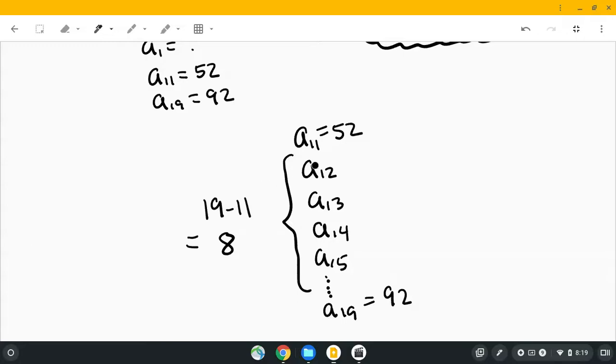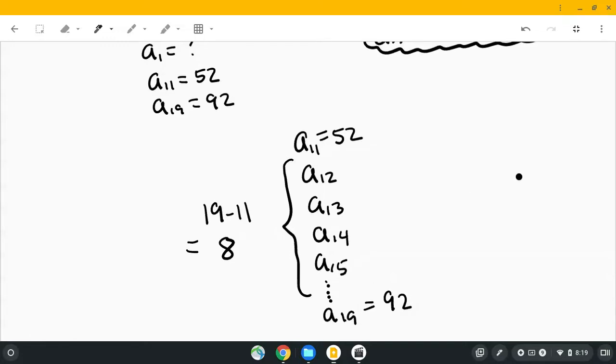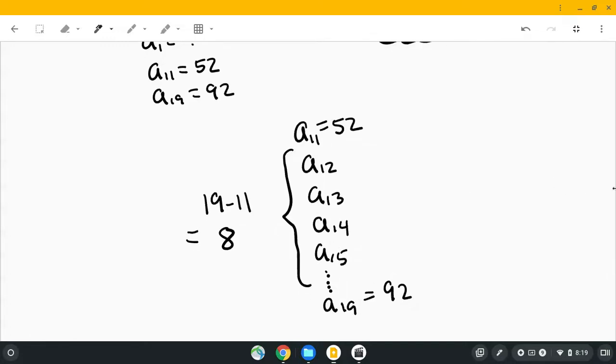We have to add D 8 times to get to the 19th term. So using that logic, A11 plus 8 times D gives us the 19th term.